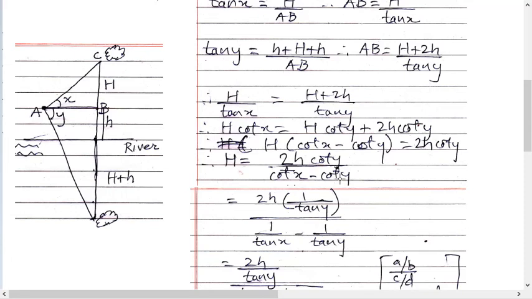Now check the answer given in your options. If it is given in cot, and this is similar to that, leave it here itself. If it's given in tan, then convert all these cots in terms of tan. So I have done that. 2h into 1 upon tan y, the whole upon 1 upon tan x minus 1 upon tan y.